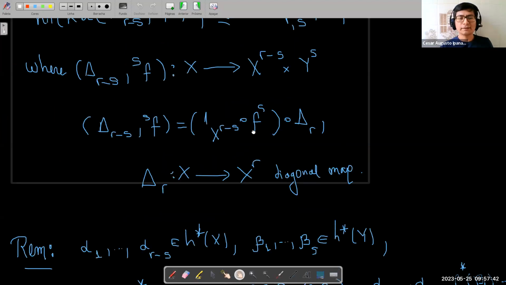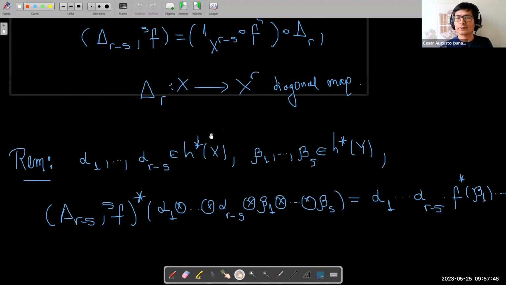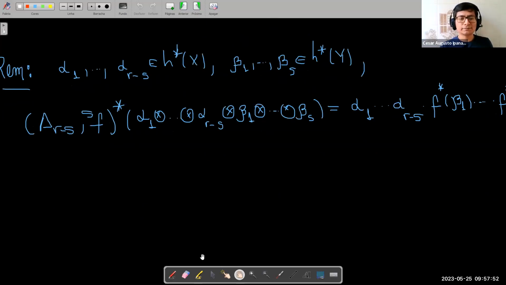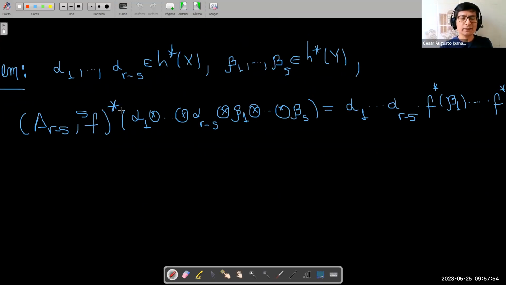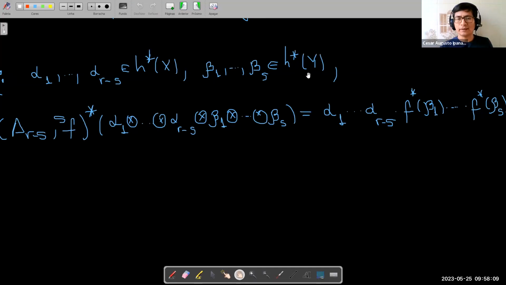With the hypothesis that the Künneth formula holds, it is easy to show that the action of these homomorphisms in the cohomology of that product is as follows. We consider here elements in the cohomology of X and elements in the cohomology of Y.